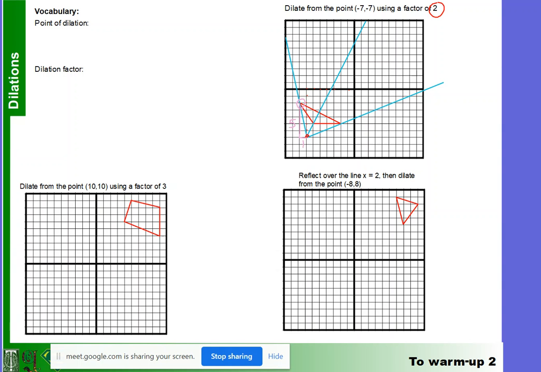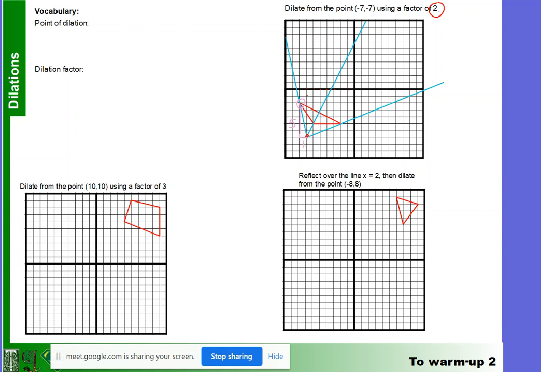I don't really care too much about direction, the positive or negative, because I know that it's going to be on this line somewhere. We're going to multiply both the rise and the run, I'm misusing rise and run, but please forgive me, by the scale factor.